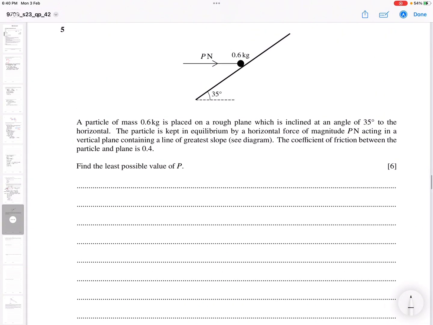So let's make the diagram again here. This is the 35-degree angle here. This is our P, and the weight is 0.6 kg. So let me extend it.